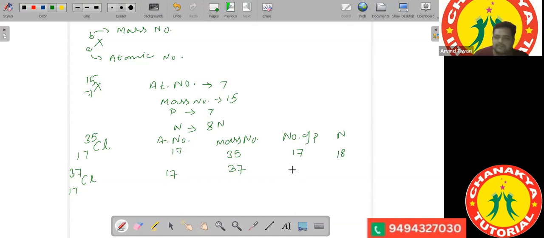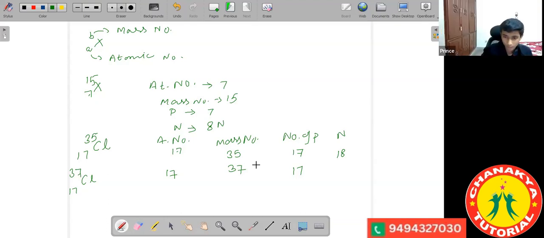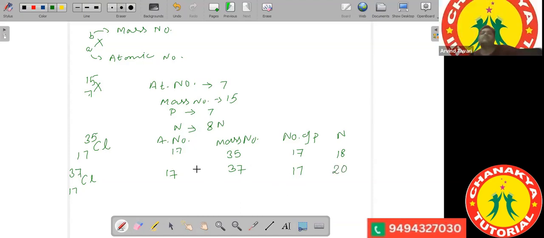Okay. Is it 18 or 20? Check out once more. Sir, 20. Remember the formula that mass number is equal to the number of protons plus the number of neutrons.